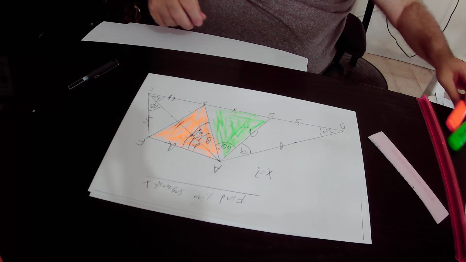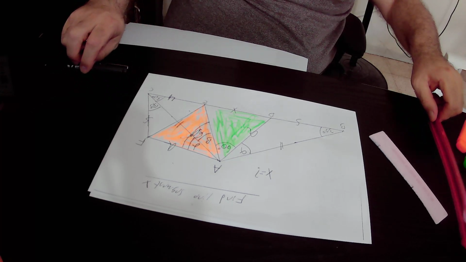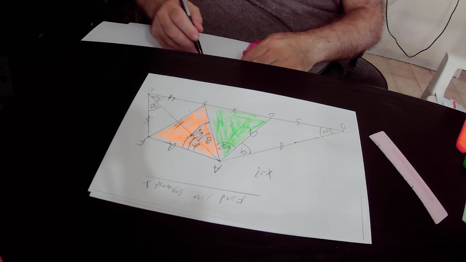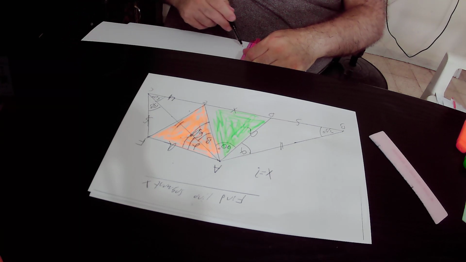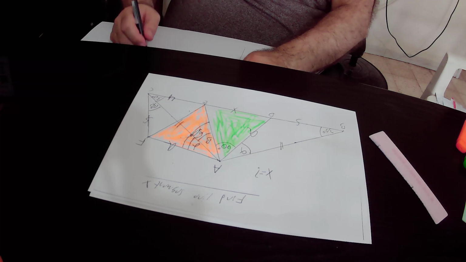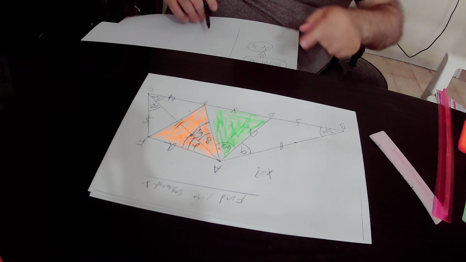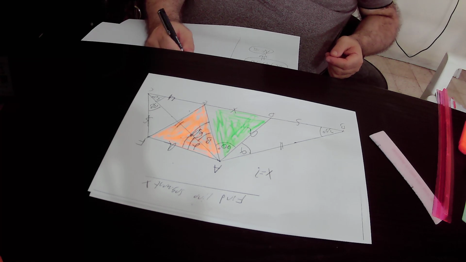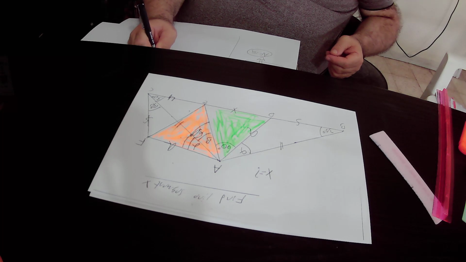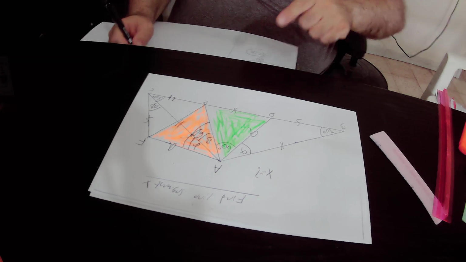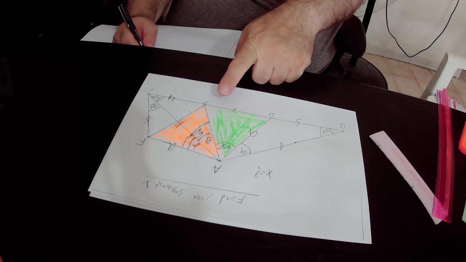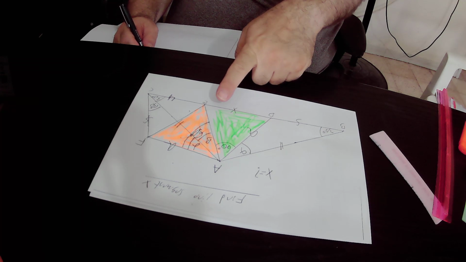Okay, we prove that the green triangle is congruent to the orange triangle. I write it down. We will prove that triangle ADE, that is the green triangle, is congruent to the orange triangle AEF.